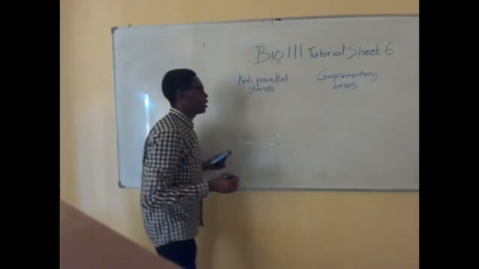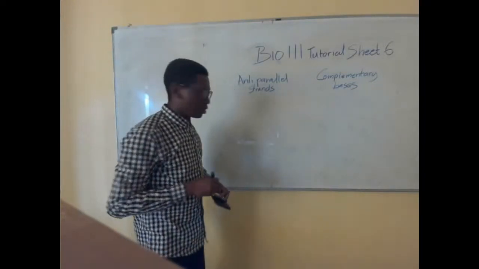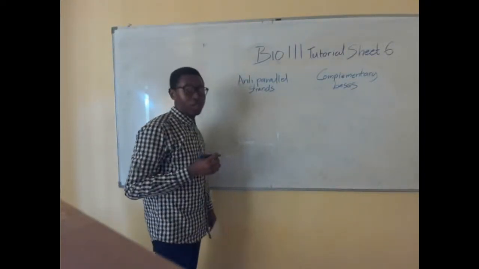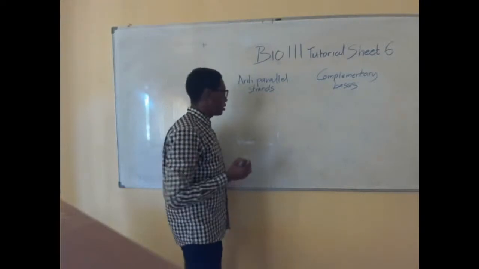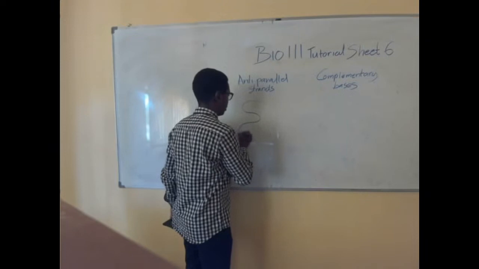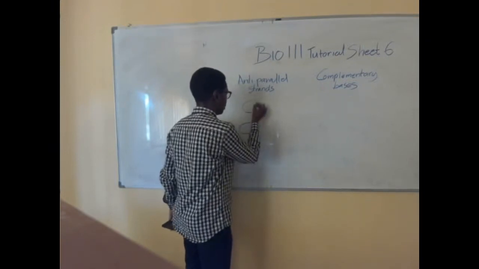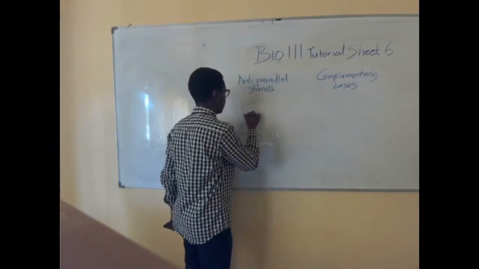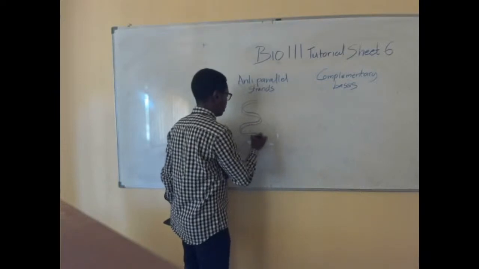Okay, so antiparallel strands. We said DNA molecules are double-stranded. So let's say this is our DNA molecule. It's a double helix, so we have our double strands.